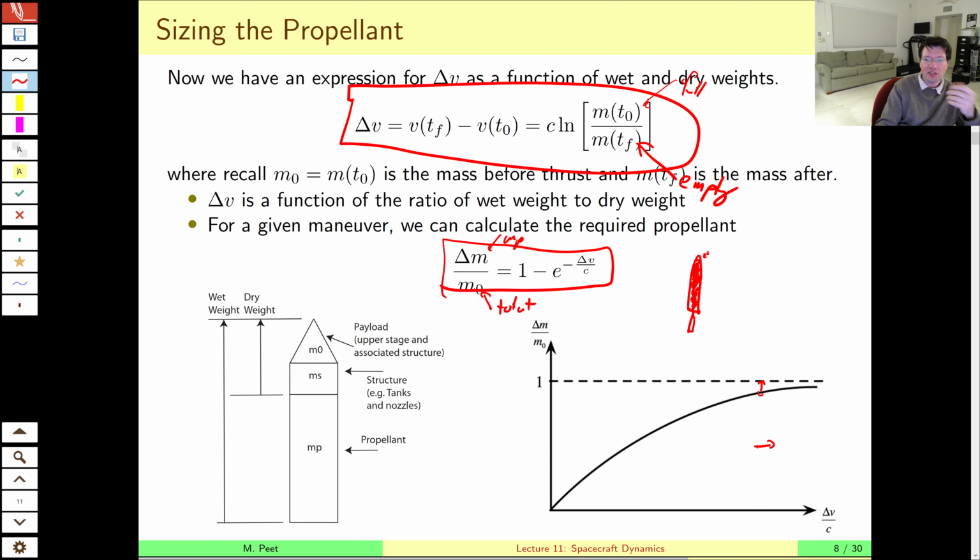So in theory, achieving any desired delta V is possible, but that of course neglects the structural weight. The problem, of course, is the structural weight.